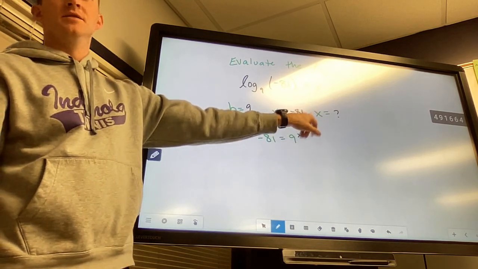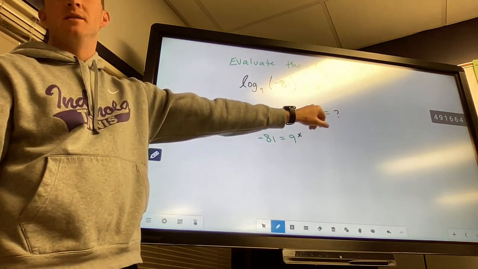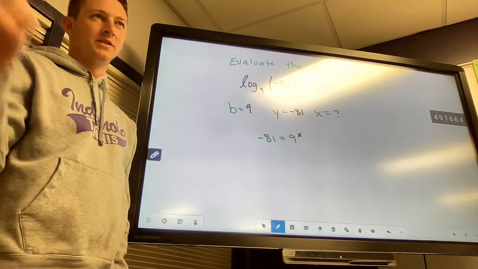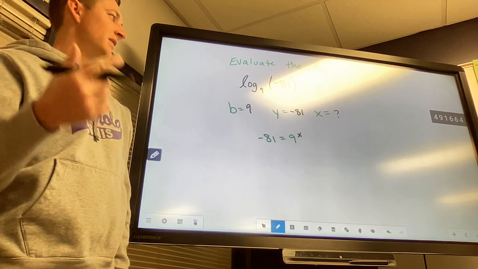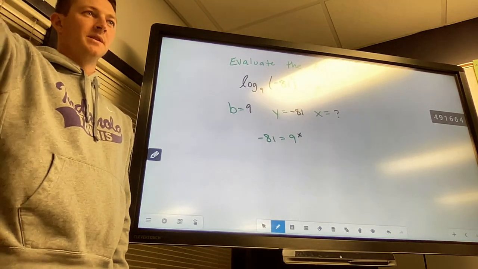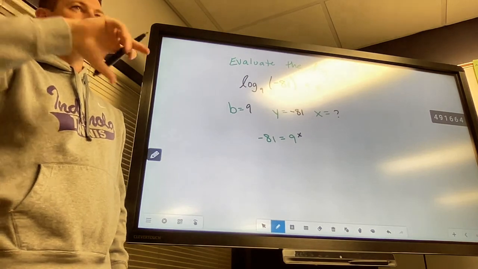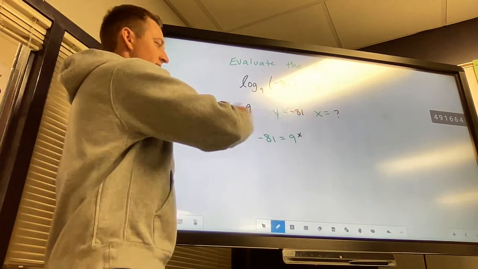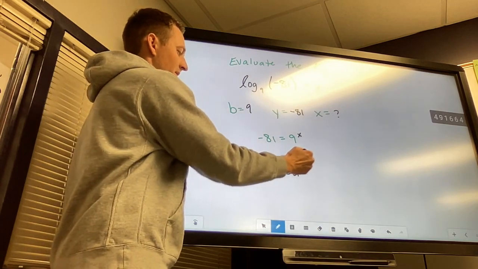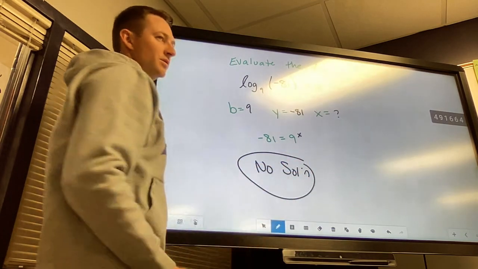So there's no possible power that 9 could be to make it a negative 81. If it was 9 to the first, it'd be 9. If it was 9 to the second, it'd be 81. If it was 9 to the negative 2, we'd flip it into a fraction, 1 over 81. So no possible exponent in this problem would make it a negative. So we would say no solution.